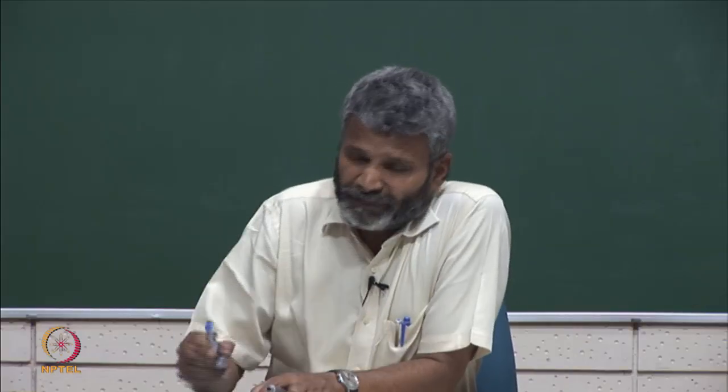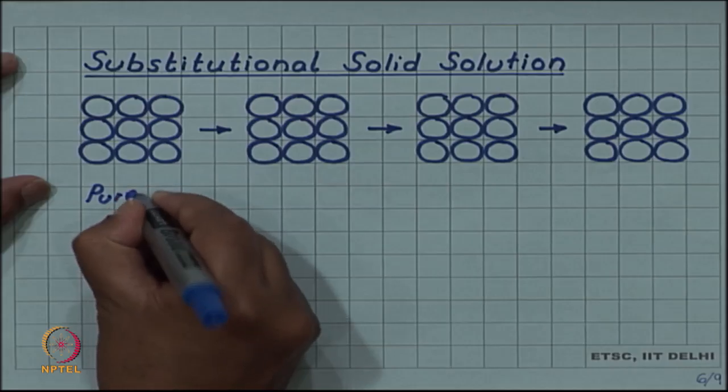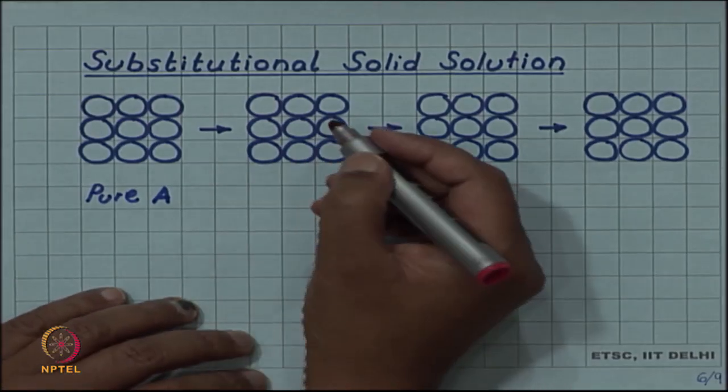Again I have this cartoon diagram where I start with pure A. This is my pure A, and then I start making solution by substituting.